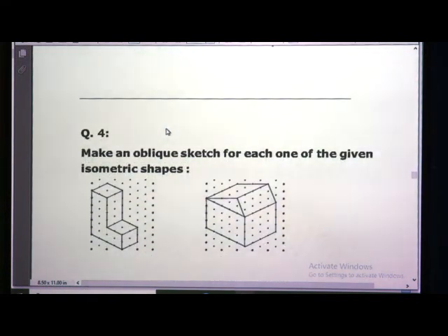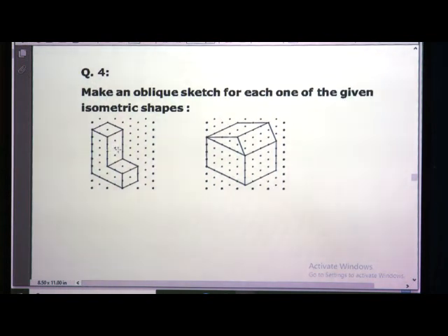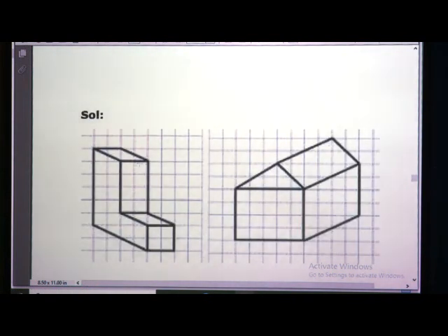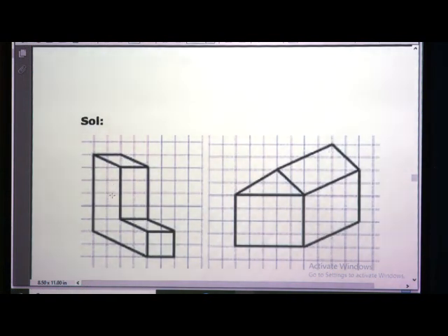Here you will find some isometric sketches and you have to prepare their oblique sketches. Now it is very easy for you because we have seen many different examples. It is very easy to prepare an oblique sketch on grid paper. For an isometric sketch, first note down the length, breadth and height. Count the number of dots on the length, the breadth and the height, and you can prepare an oblique sketch on the grid paper.